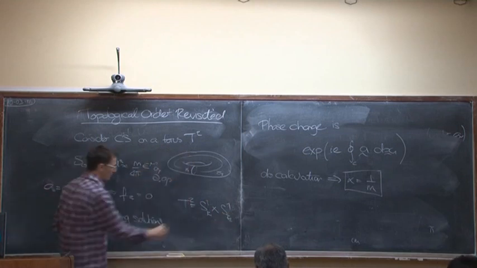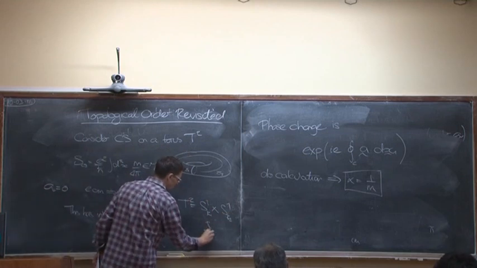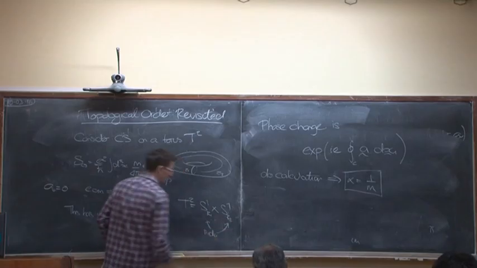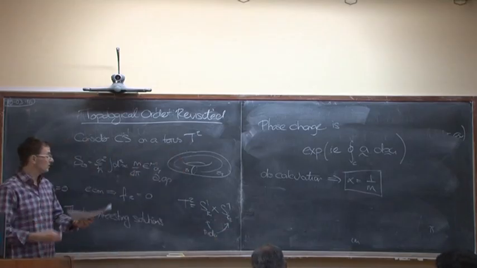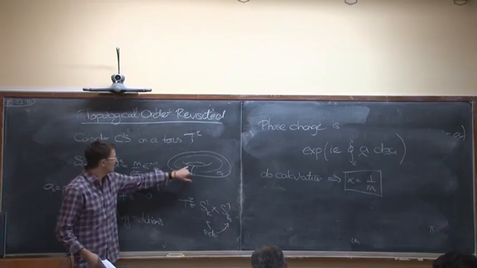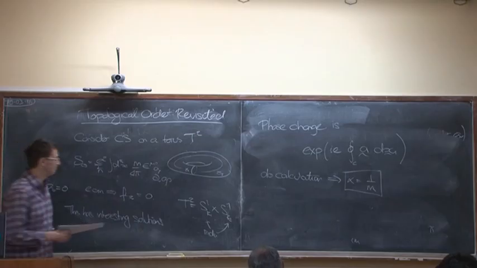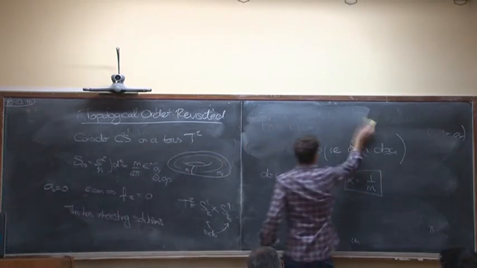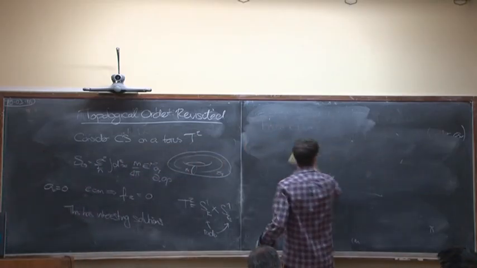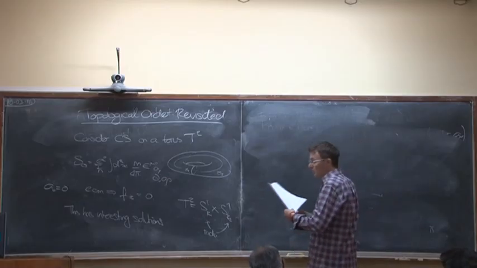So Ri is the radius of the two circles of the torus. R1 is the radius of gamma 1, and R2 is the radius of gamma 2. Okay, so what are the solutions?